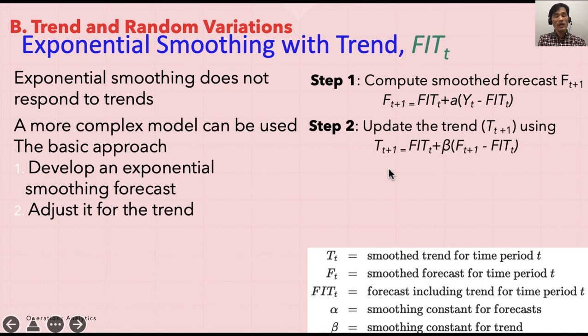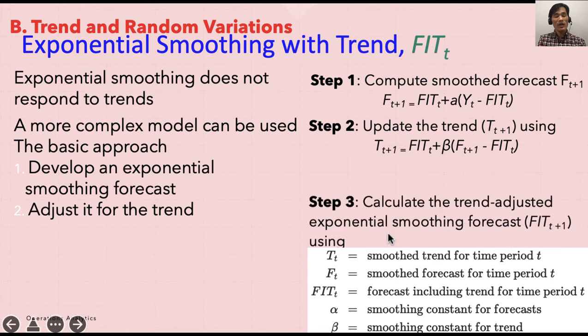The second step is to update the trend T t plus 1 using T t plus 1 equals T t plus beta times (F t plus 1 minus FIT t). This trend line is updated here by using T t, and we are using beta as the smoothing constant that is related to trend. We have to see the difference between the forecast and the trend model and reflect that in your forecasting.